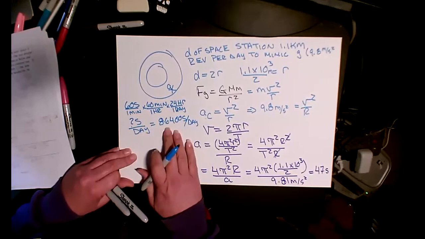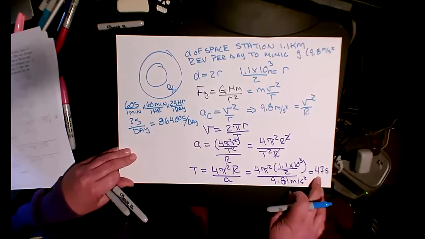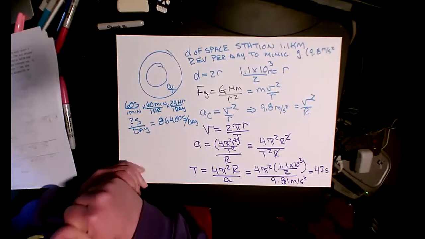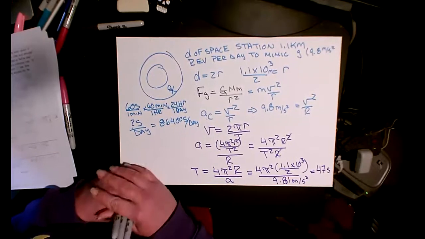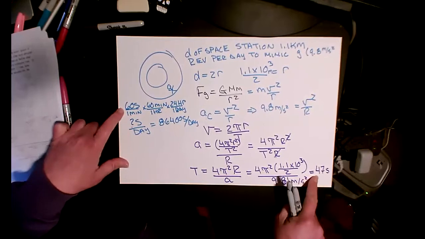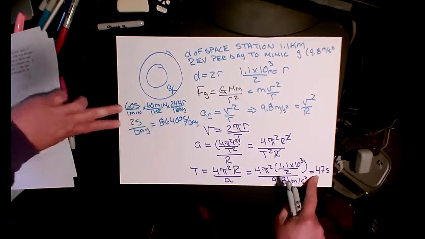So let's think what that means. This is how many seconds in 1 day. It takes me 47 seconds to complete one rotation. I'm emphasizing this because the first time I did it, I started converting to per 24 hours to get to the per day, which meant this was all flipped.